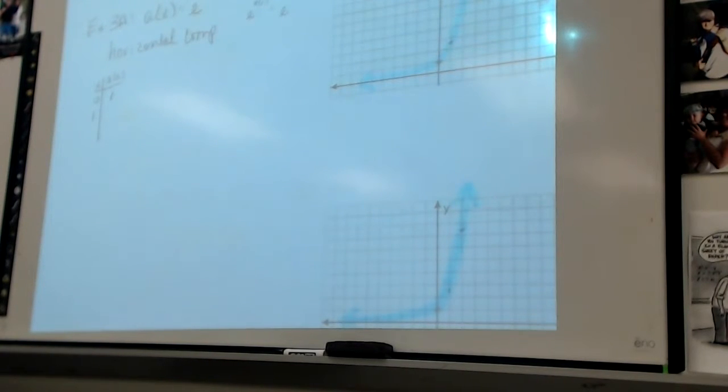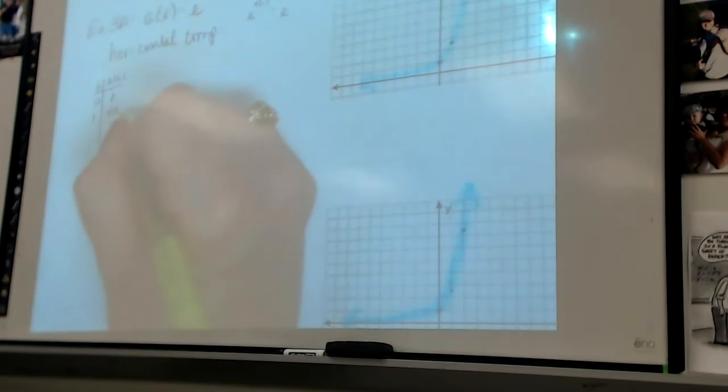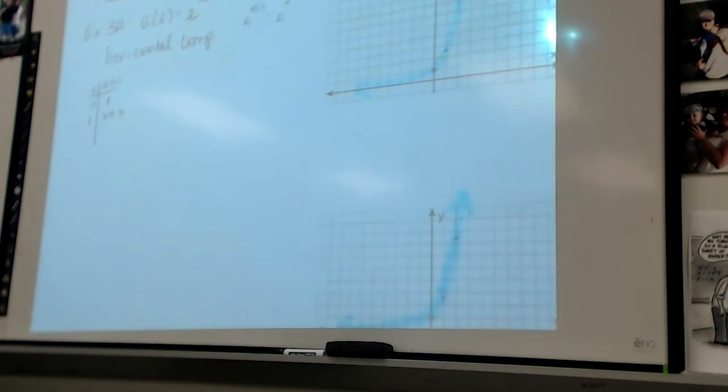It's going to be like 2.7 to the 4th power. 54-ish, right? 54.6. Okay. When you horizontally compress it, it's going to make it narrower, so it's going to shoot up higher faster.